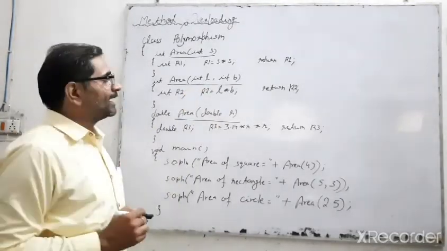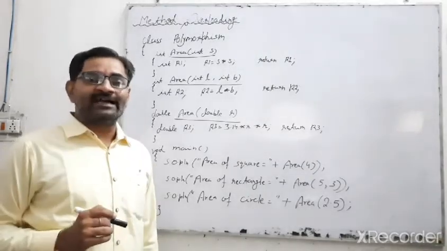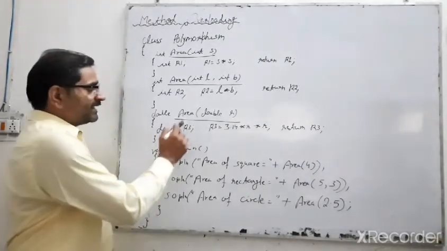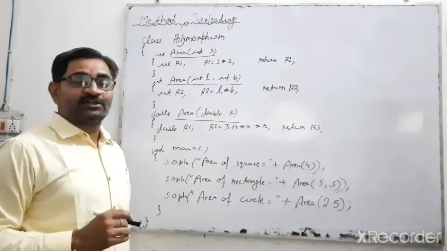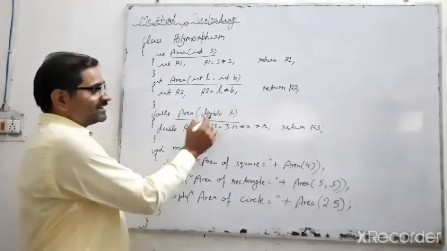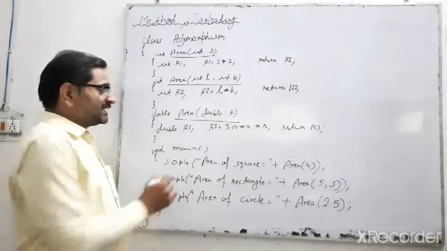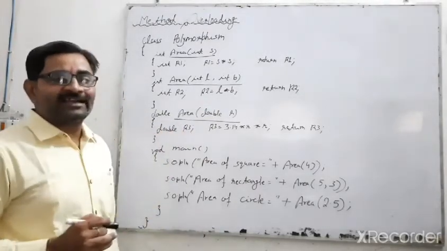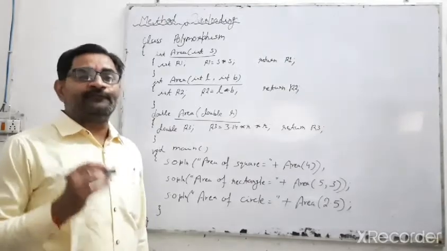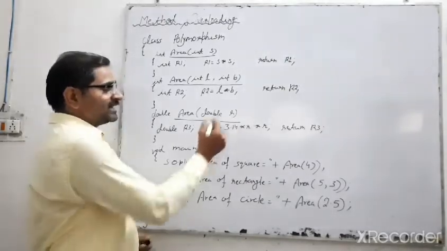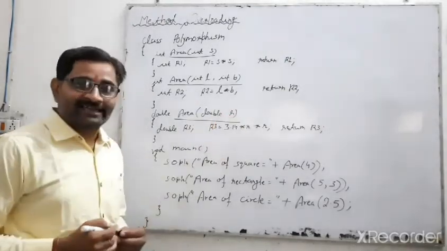Length is represented by L and breadth is represented by small b. Now we take the third method. This is also area and it contains one parameter of double type. It is used to calculate the area of a circle, and its parameter is the radius of a circle.